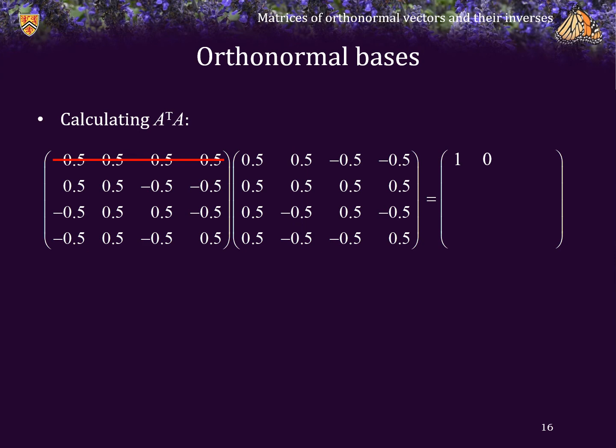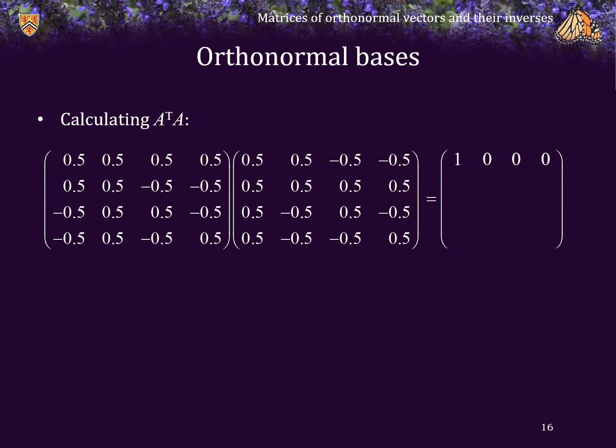To calculate the entry 1, 3, again, we take the element-wise product of the first row and the third column, which is again essentially the inner product of the first and third vectors, which is 0. And finally, to calculate the entry 1, 4, we again element-wise multiply and add, and in this case that must also give us 0.